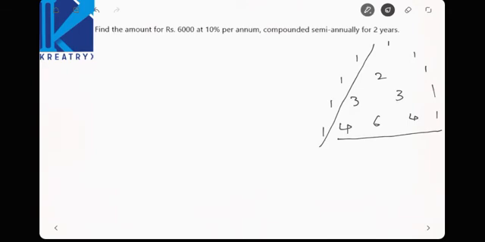Now how will we start? The rate of interest will be how much? As it is for half-years, 10 by 2 will be 5.